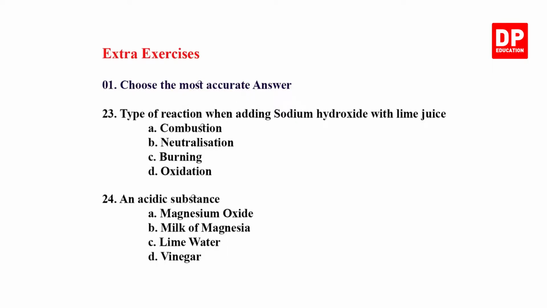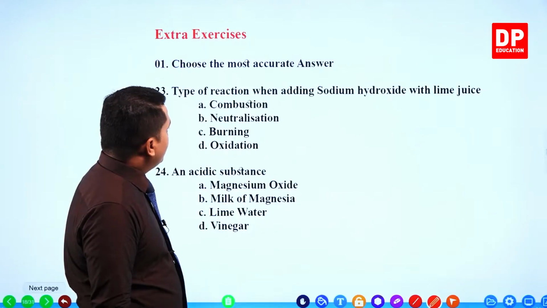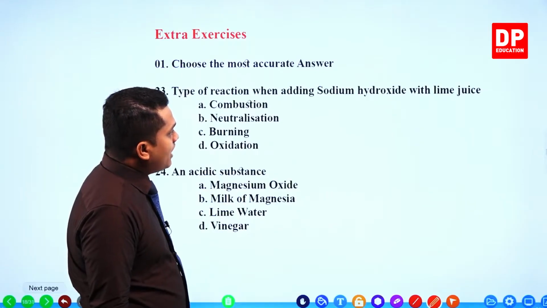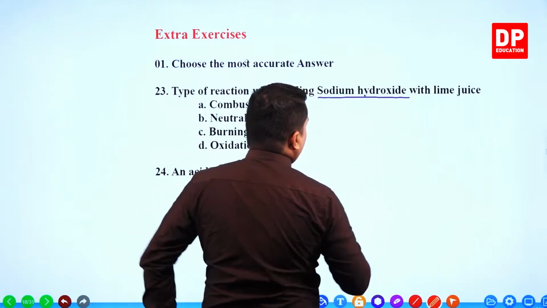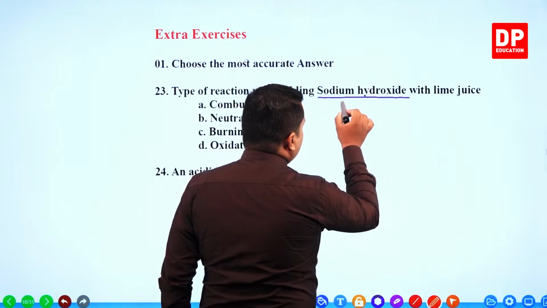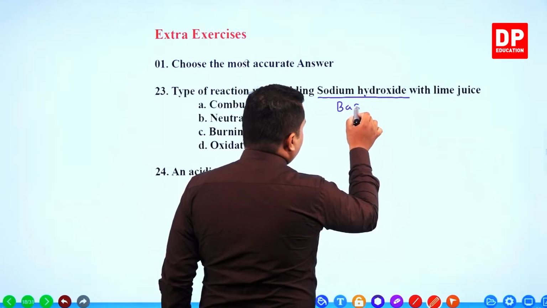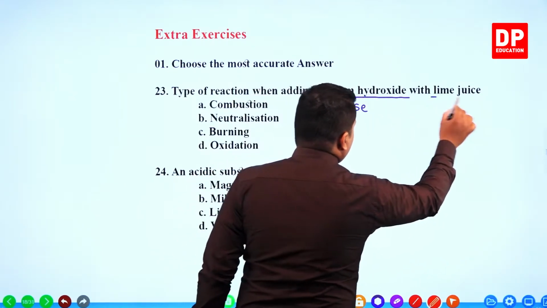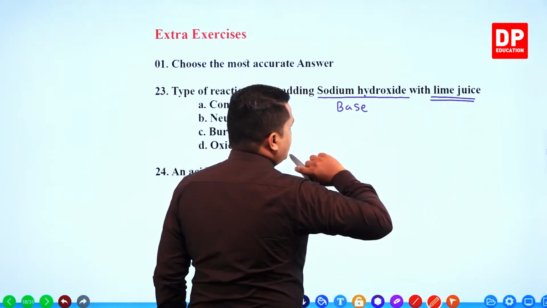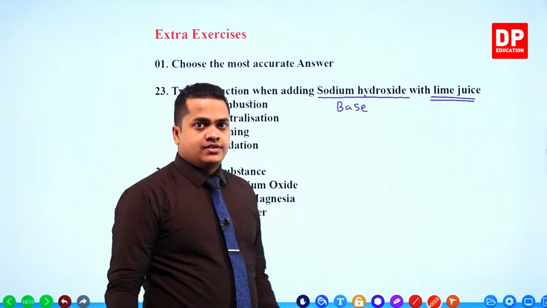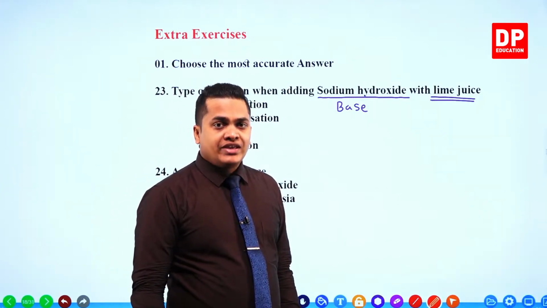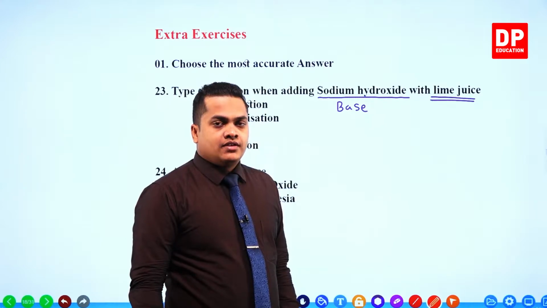Type of reaction when adding sodium hydroxide with lime juice. Sodium hydroxide. I told you that if there is hydroxide, then it is a base. Lime juice has a unique sour taste.